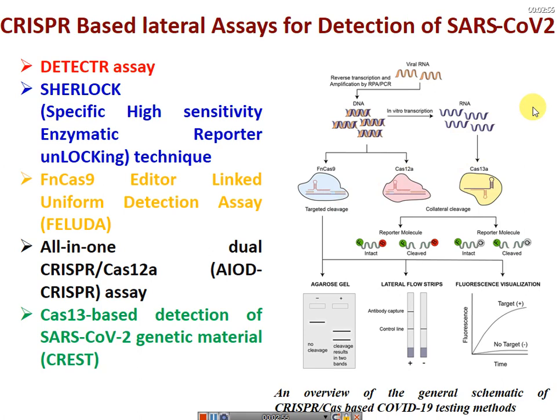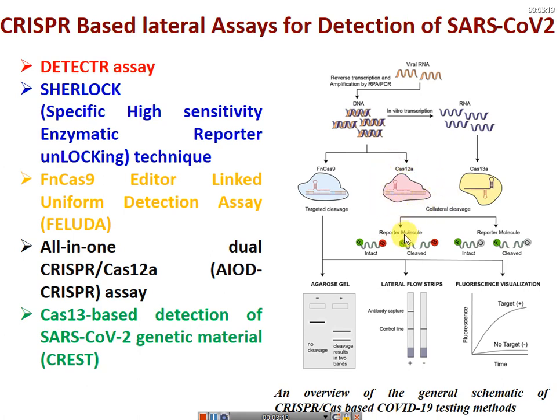In case of Cas12 and Cas13, they get activated, and upon activation they start a collateral cleavage activity, and they start cleaving the reporter molecules provided to them in a very random fashion.